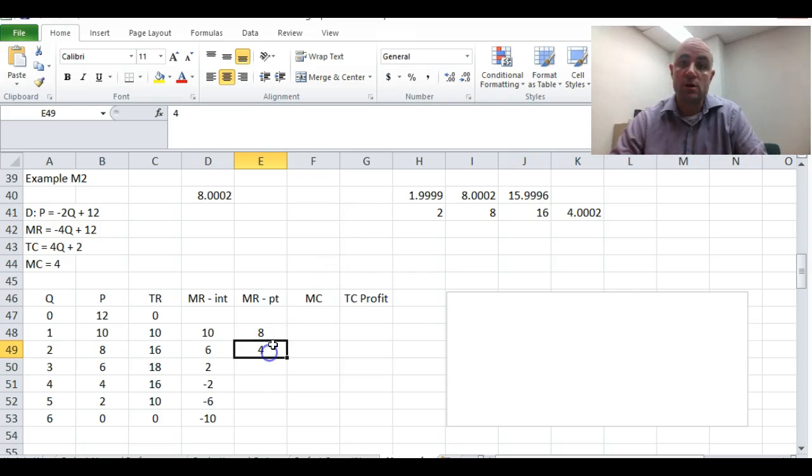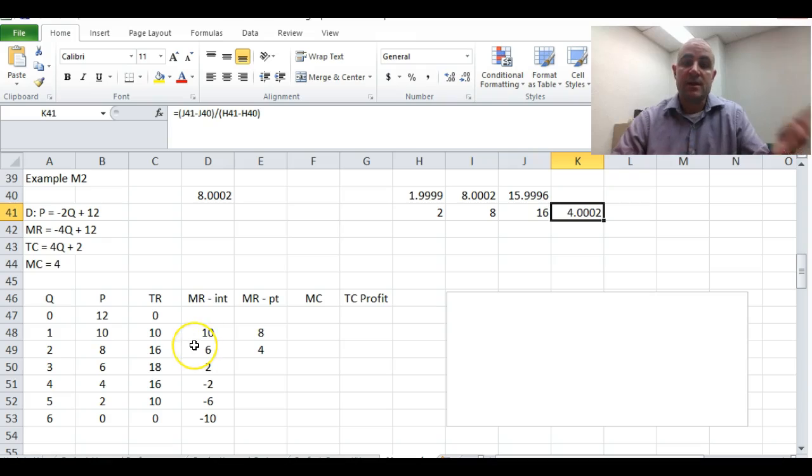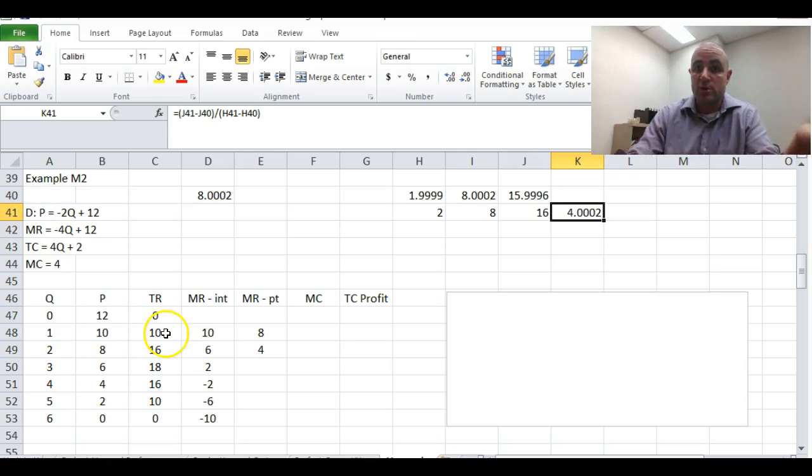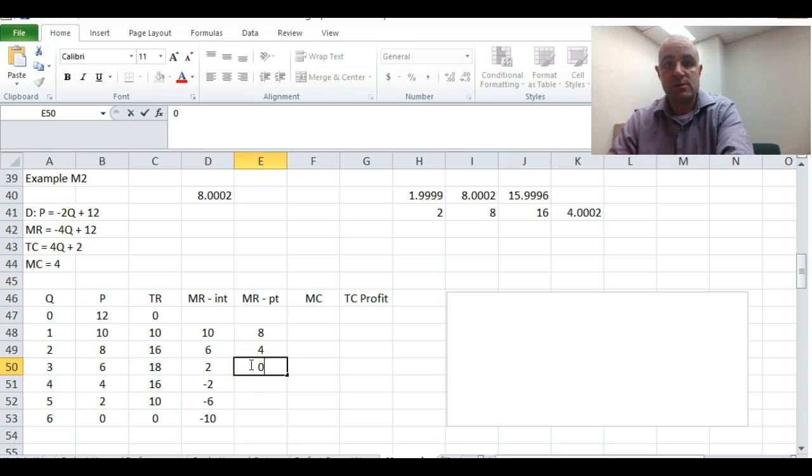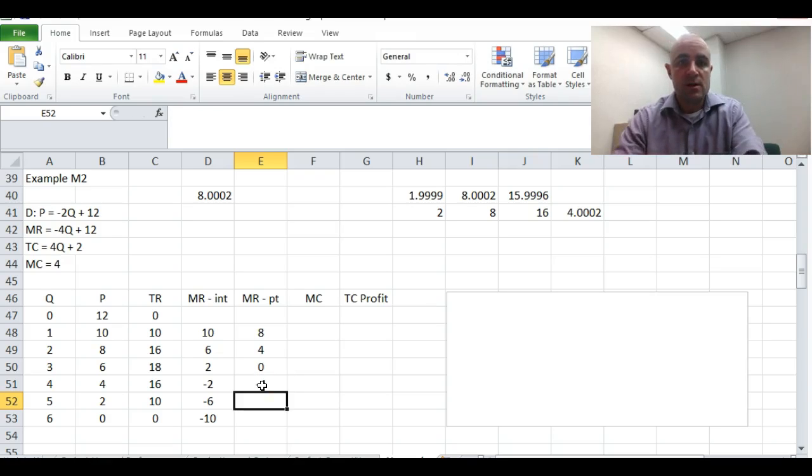And as you can see, this 4 is very similar to what we got here instead of 6. So again, this is just finding it at a smaller interval to find it at that point. And then if we plug in 3, we get the marginal revenue to be 0. And if we put in 4, it's going to be minus 4. Plug in 5, it's going to be 20 minus 8. And 6, it's going to be minus 12.